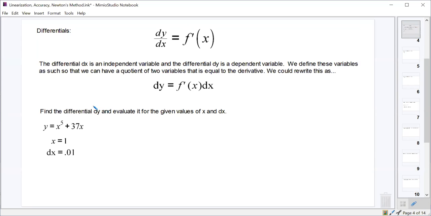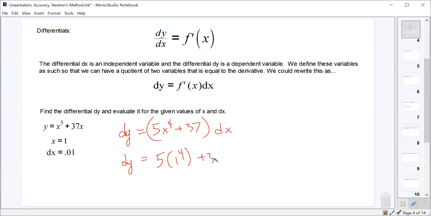and I want to know about how much does y change, what's the differential dy, all we have to do is say dy should be equal to the derivative of this, which is 5x to the fourth plus 37, times our dx value. And to find the actual value of dy, we get 5 times 1 to the fourth plus 37 times that 0.01.